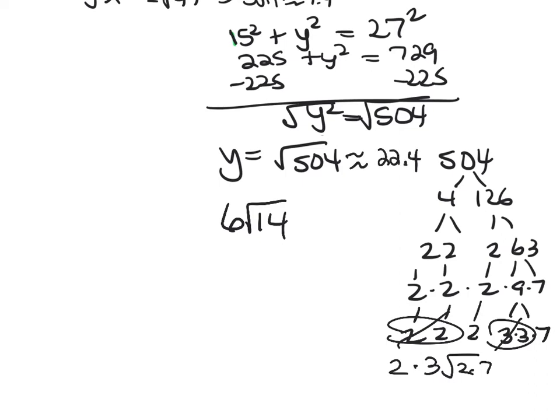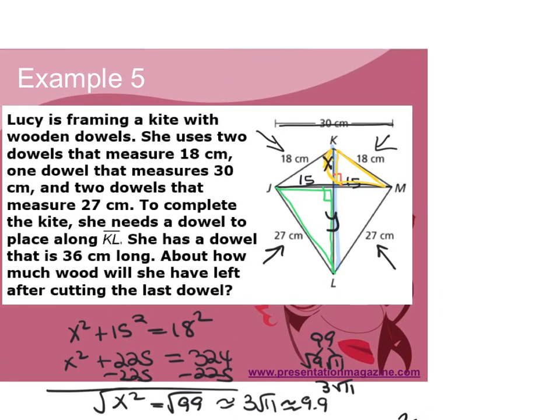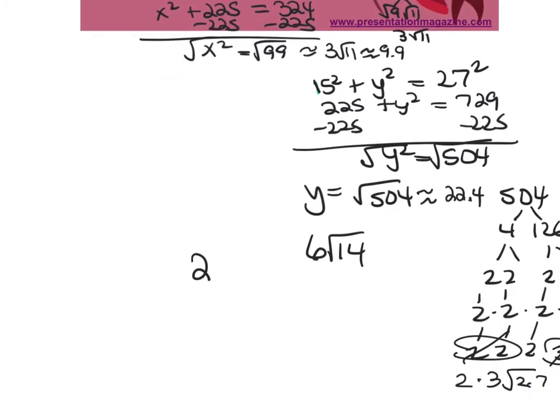So now I'm going to add those two pieces, because remember I just calculated how long this piece is, this y, and this x. So I need to know how much of the 36 I'm going to use to make KL. So if I add 9.9 and the 22.4, 22.4 plus 9.9, and I get 32.3.